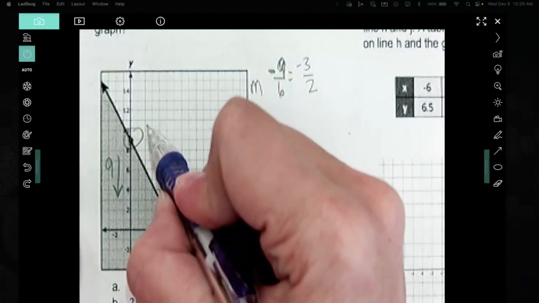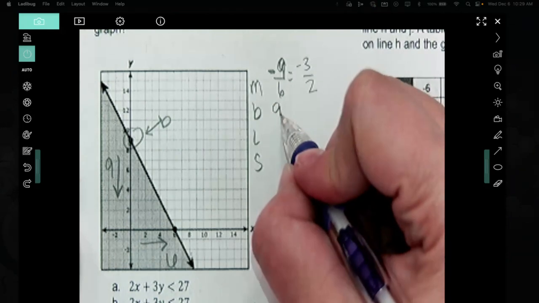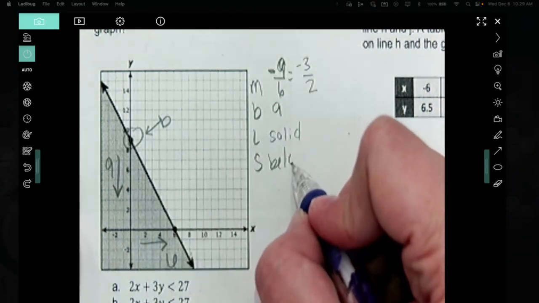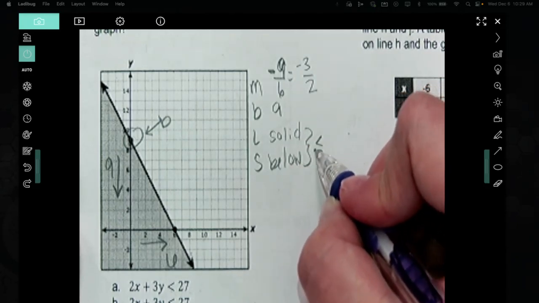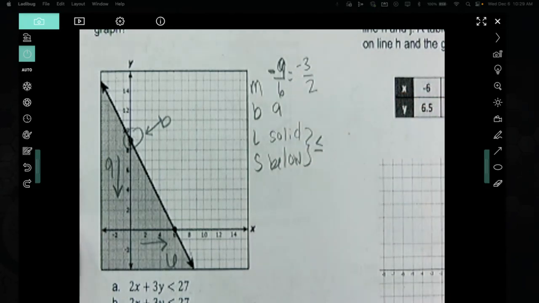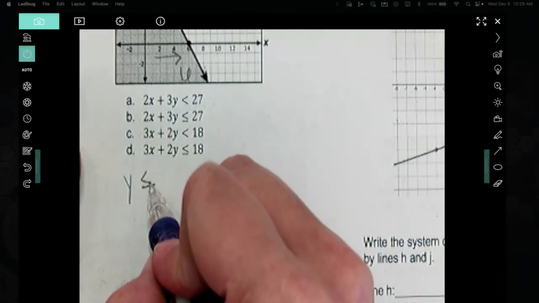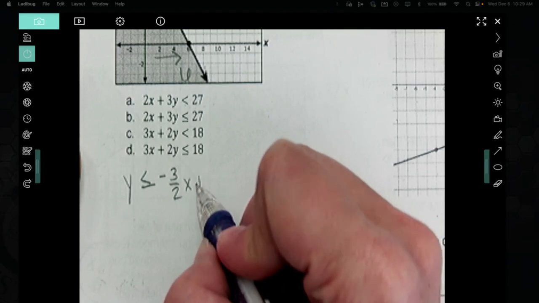My y-intercept is right here. So my B is 9. My line is solid. I'm shaded below. So this tells me below is less than, solid is or equal to. So when I write my inequality, y is less than or equal to, my slope was -3/2x. My B was 9.